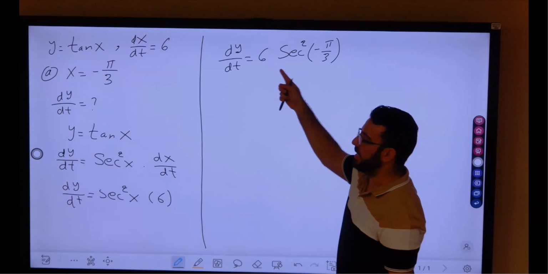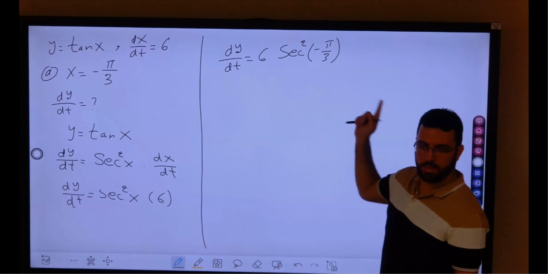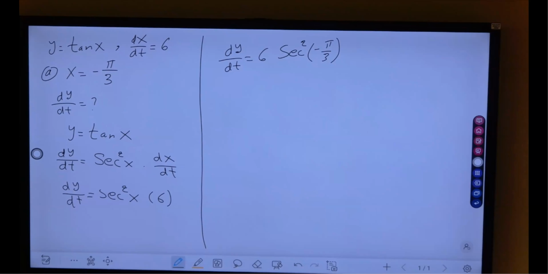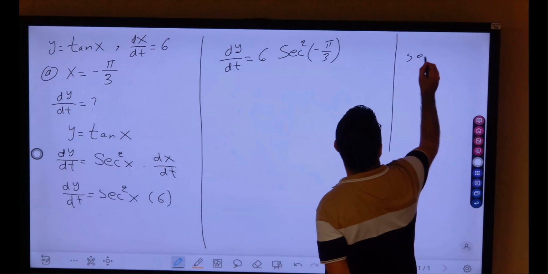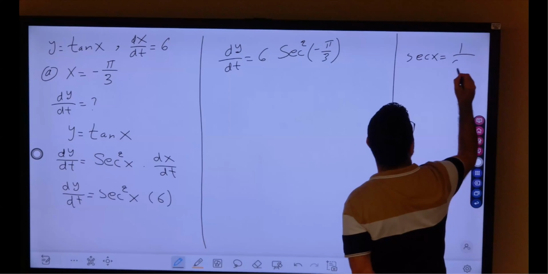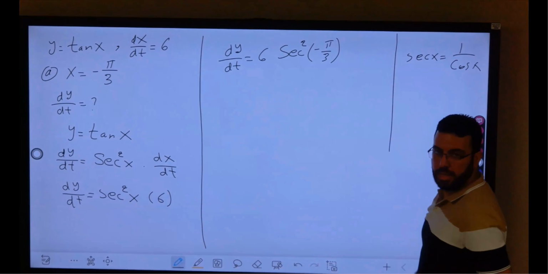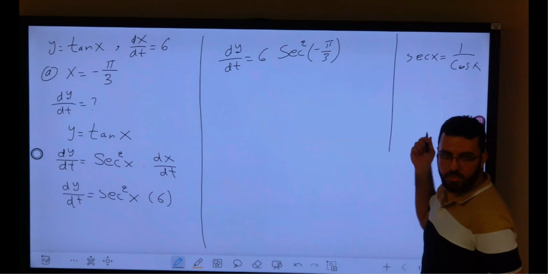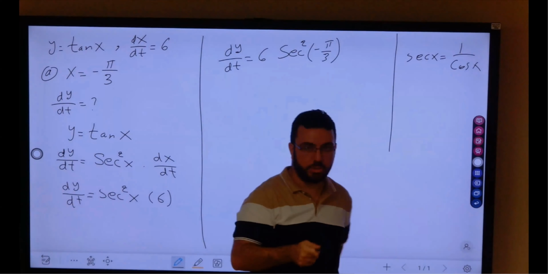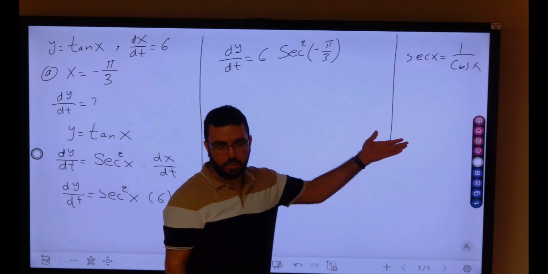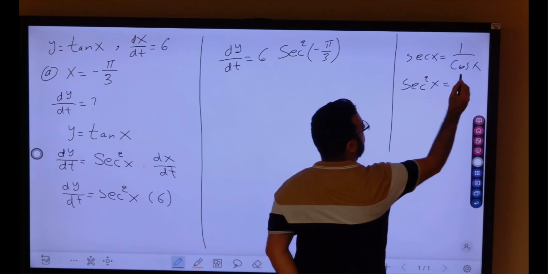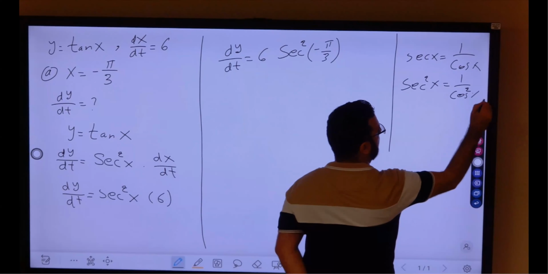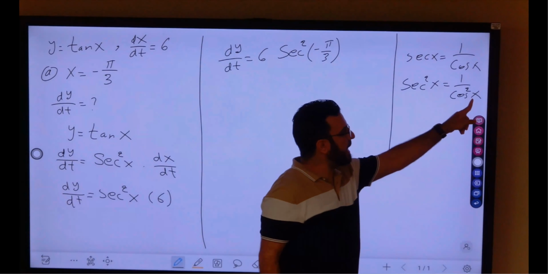Now tell me, this is 6. How are you going to find secant squared of negative 5 over 3 in the calculator? Secant x is 1 over cosine x. I cannot plug in secant directly, but I have cosine x in the calculator. So secant squared x is 1 over cosine squared x. You plug in negative 5 over 3 here.